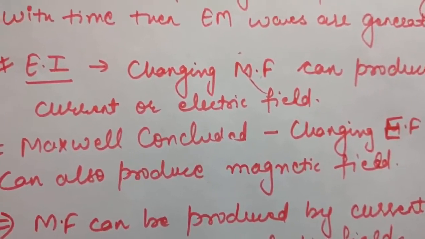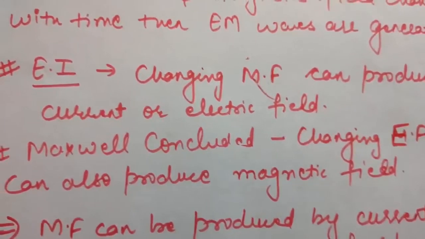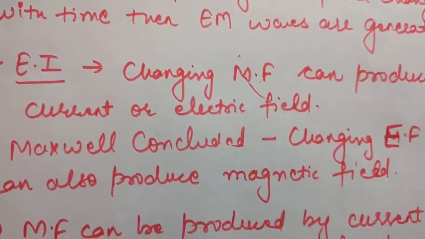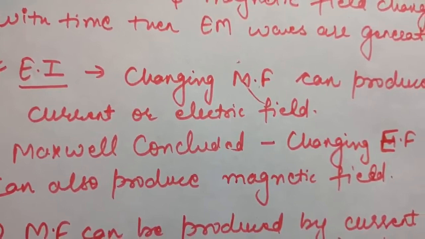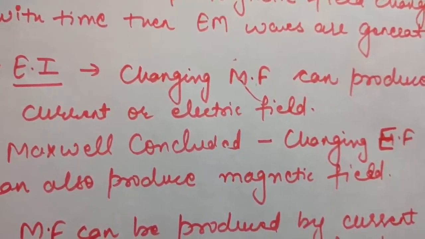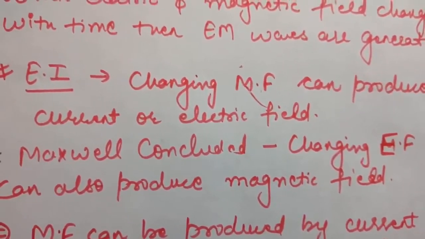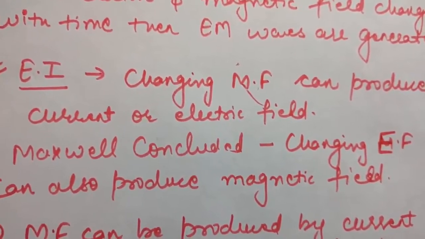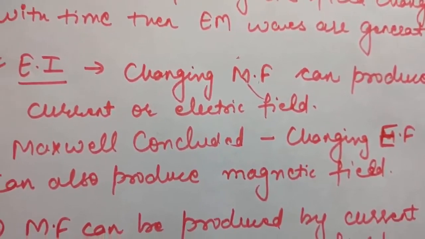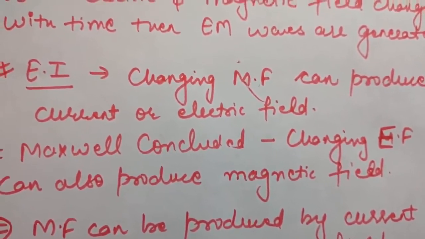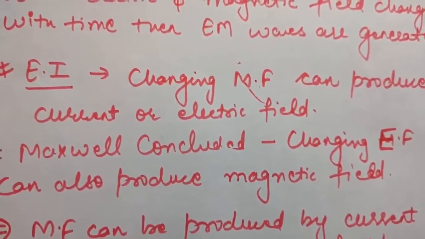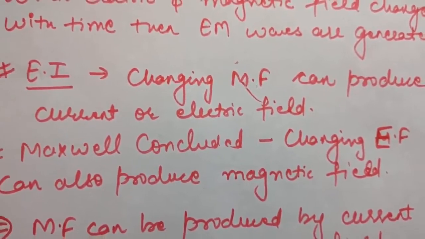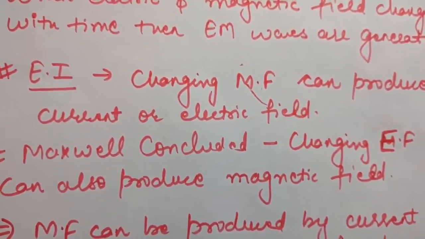Now how did he conclude this? Basically, he did one experiment, and what he did, he found out the magnetic field at a point outside and inside a capacitor which was connected to time varying current. Now he used two methods to do this, and in both the two methods he used Ampere's law. But in those two methods, the value of magnetic field came to be different.